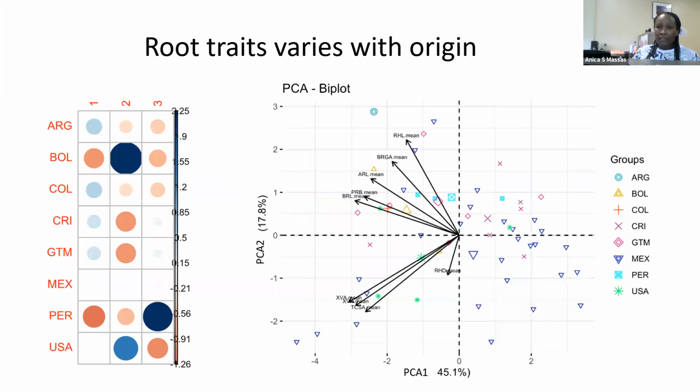So having all these results, we try to find out more about the genotypes that we have.